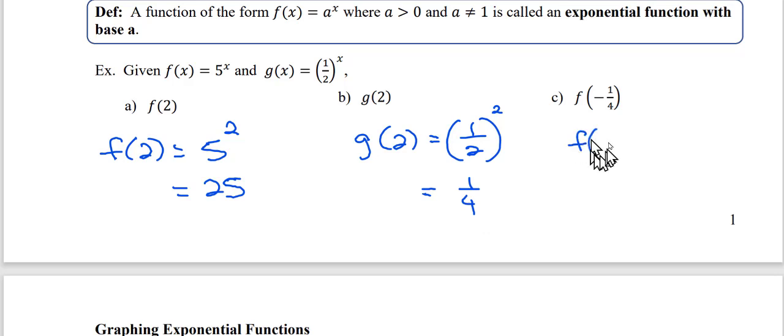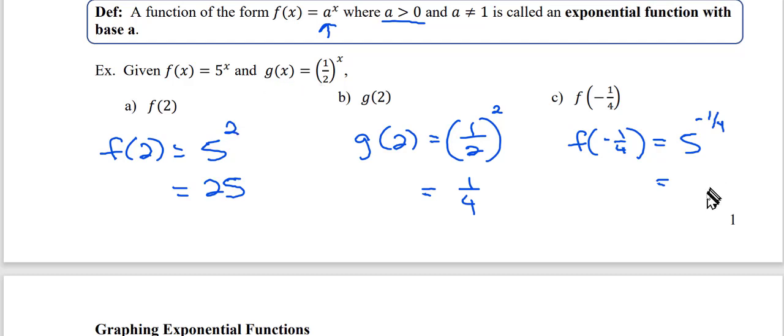Let's try f of negative 1/4. That is 5 to the negative 1/4 power. We need to think about what that means, and is that okay? I said that the a itself had to be positive. That's this. We're okay with that here. We have a is 5 in f, and a is 1/2 in g.